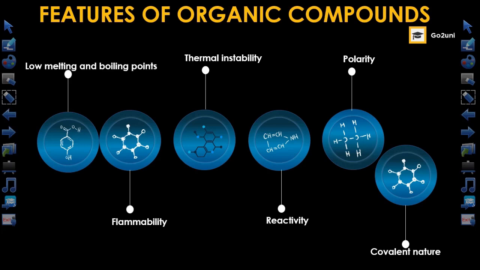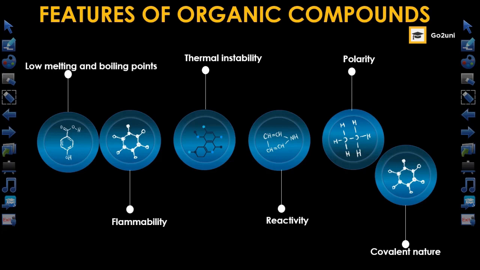Lastly, the covalent nature of organic compounds. Organic compounds are said to be covalent in nature because they tend to form covalent bonding. The carbon atom binds with itself covalently, and even when carbon and hydrogen bind, they come together in a covalent kind of combination.